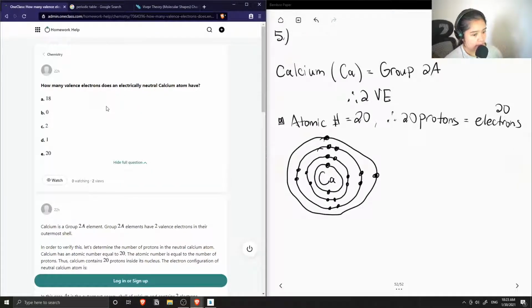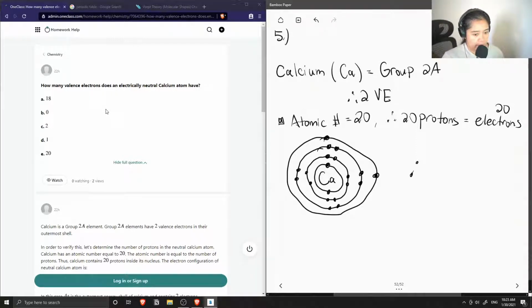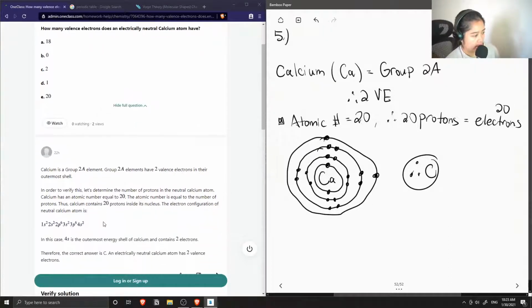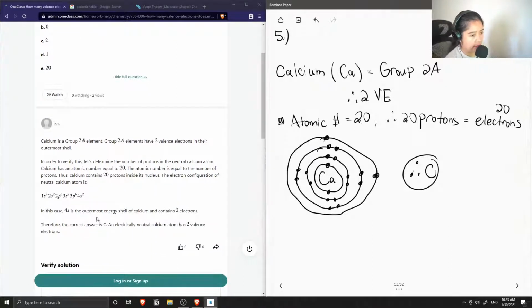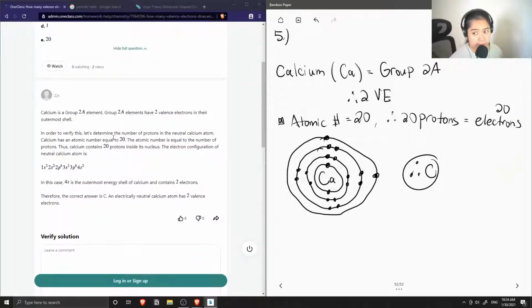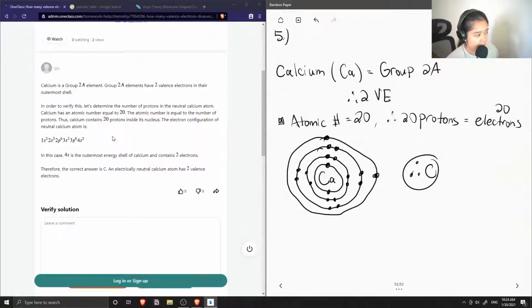Okay, so the junior tutor said that, oh wait, I didn't look at the options yet. So therefore option number C. The junior tutor said that calcium is a group 2A element. Group 2A elements have 2 valence electrons in their outermost shell. In order to verify this, let's determine the number of protons in the neutral calcium atom.